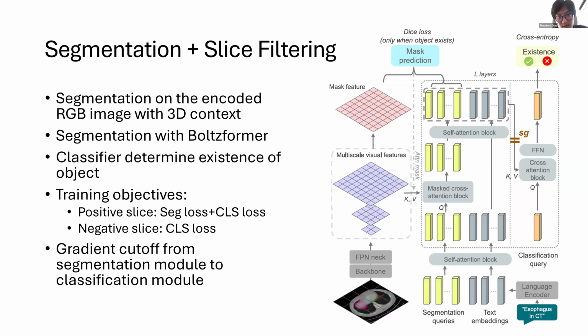So the key here is that we have a gradient cutoff. When doing the classification training, the loss doesn't backpropagate to the segmentation module. So we maintain the same quality for the segmentation, but also have the model decide whether the object does exist in the specific slice.